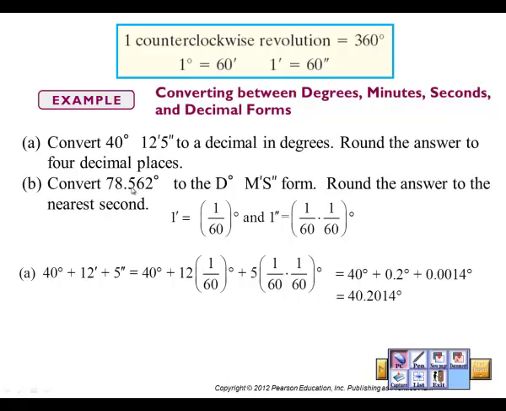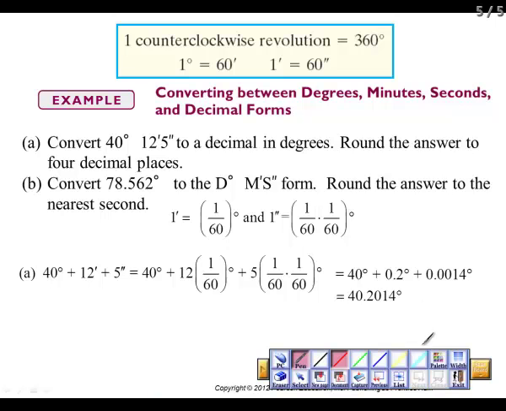Here we want to convert from 78.562 degrees. We want to convert that to degrees, minutes, and seconds. So now what we're going to do is take 78.562 degrees, and now we're going to multiply that.